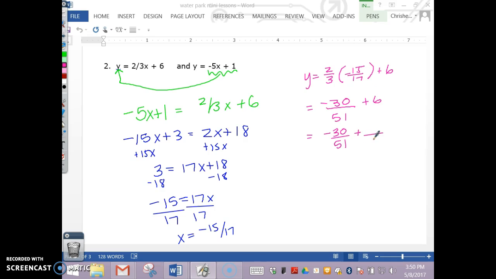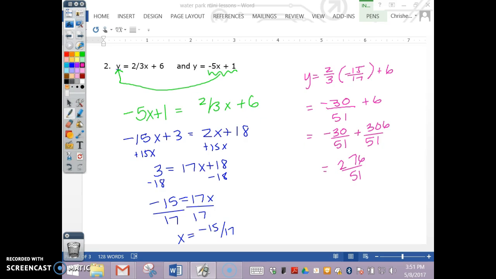This isn't bad. 6 times 50 is 300. So this is 306. And then 306, and then subtract 30 is 276 over 51. Oh gosh, that's awful.